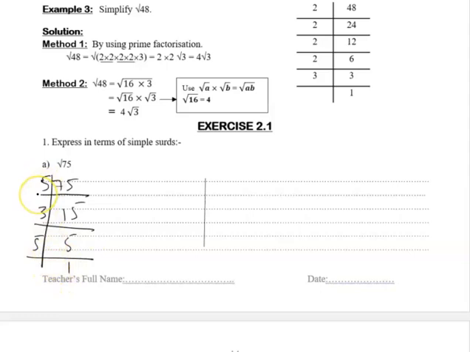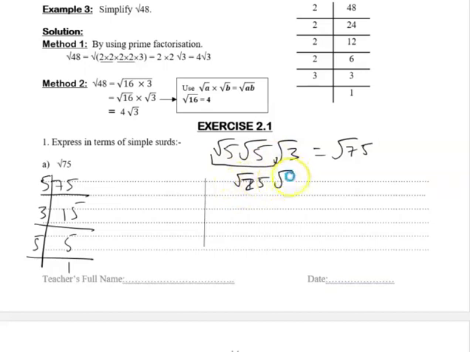Now this essentially means that the square root of 5 multiplied by the square root of 3 multiplied by the square root of 5 will give us root 75. So root 5, root 5 and root 3 equals root 75. Now if I do root 5 times root 5, that gives me root 25. Then root 3.